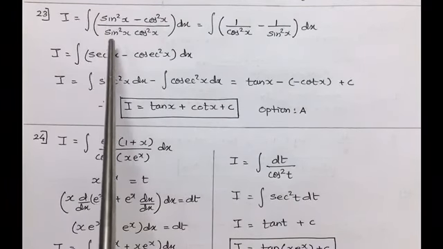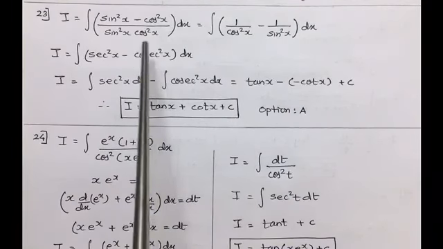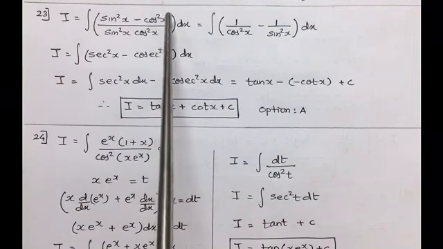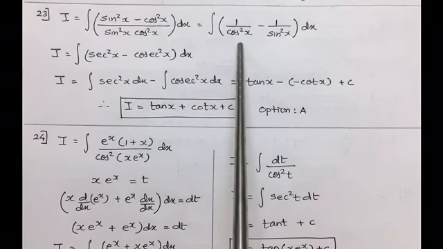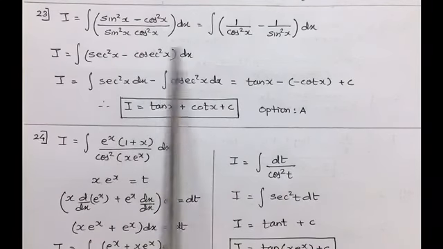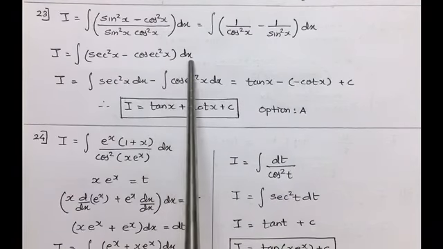In the first case, sin square x will get cancelled and 1 upon cos square x remains. In the second case, cos square x will get cancelled and 1 upon sin square x remains. 1 upon cos square gives sec square x. 1 upon sin square gives cosec square x dx.